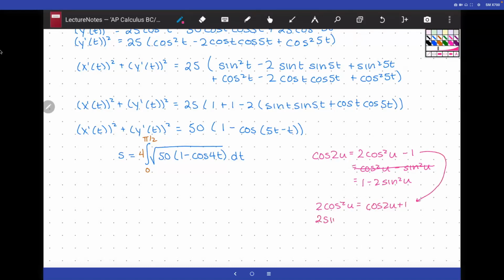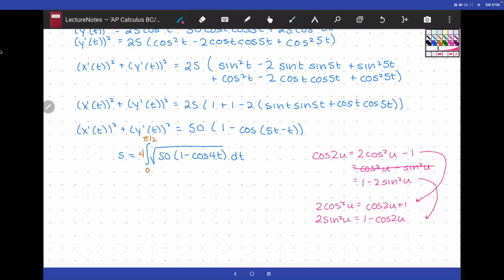If we solve for 2 sine squared u, looking at the third one, what does 2 sine squared u equal? Yeah. So looking at both of these and comparing it to this, number 1 or number 2? Number 2. It's got the structure 1 minus cosine, 1 minus cosine. Yes. So that's what we're going to use.